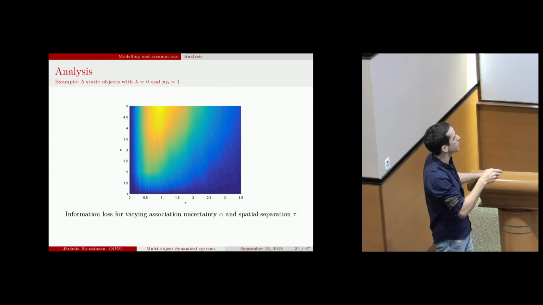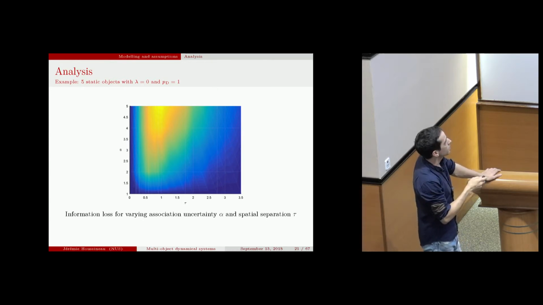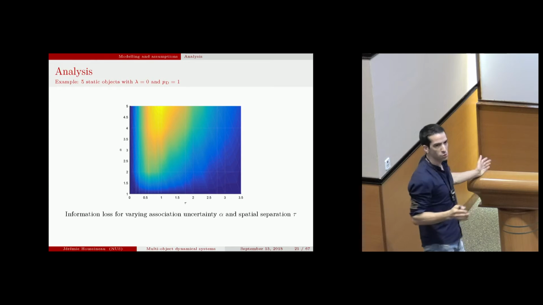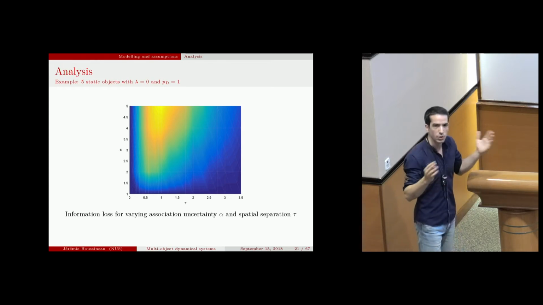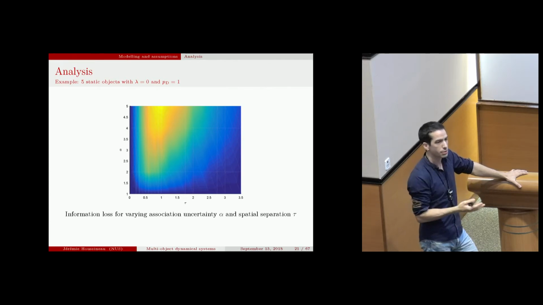Basically the first object is going to be at 0, then if tau equals 1, the next one is at mean 1, etc. So you would expect that you lose more and more. If they're far, then you don't lose anything. You can tell which observation comes from which object and just learn the parameters.